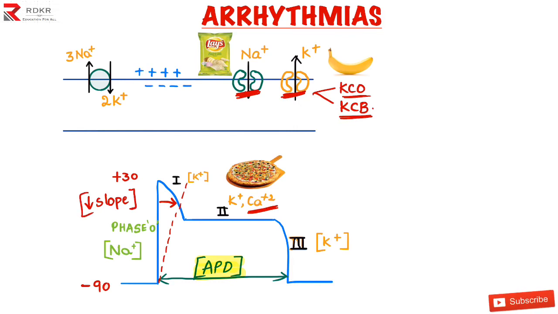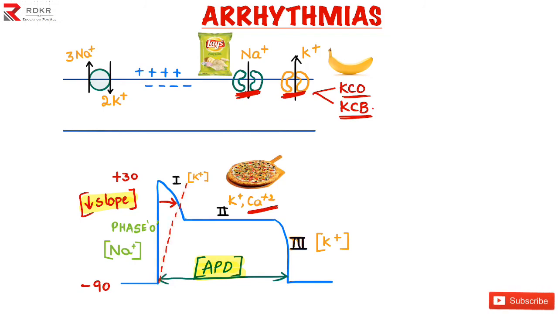Why is there a decrease in the slope? At resting membrane potential, here at minus 90 millivolts, you ate Lays. That's why there is an immediate start of the depolarization, as there was immediate influx of sodium. But you are blocking the sodium channel, and that is why to reach the more positive membrane potential it takes more time, and that is why the graph will be slant.